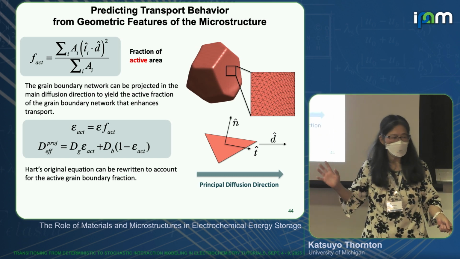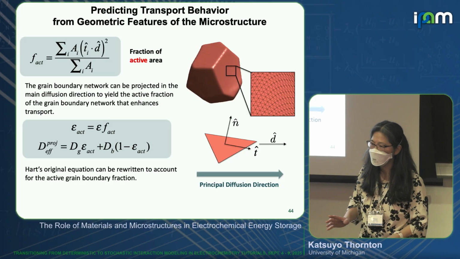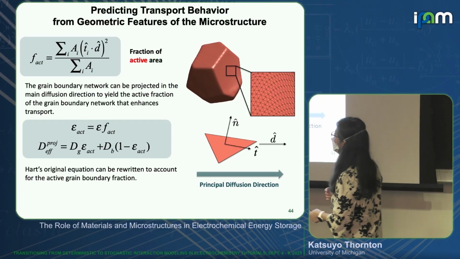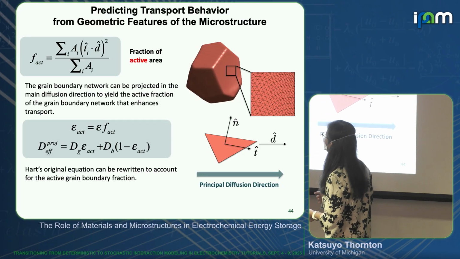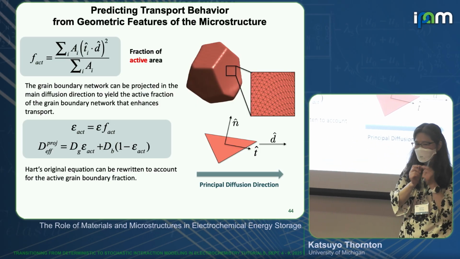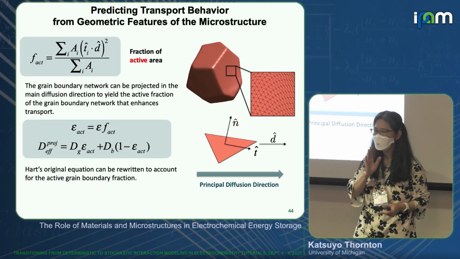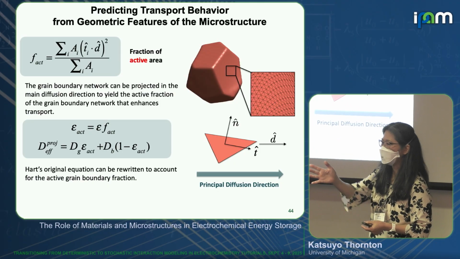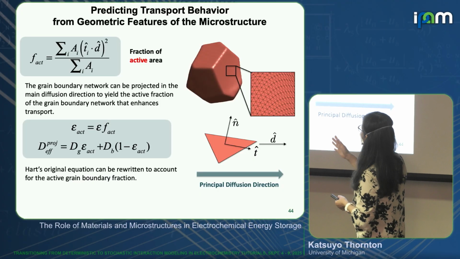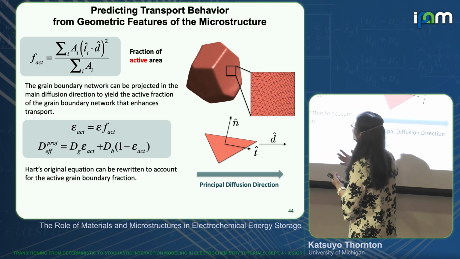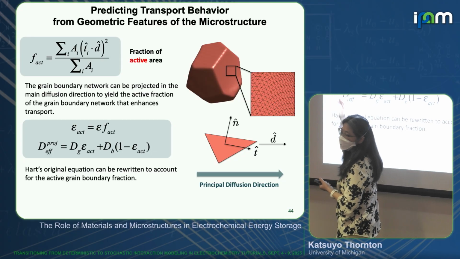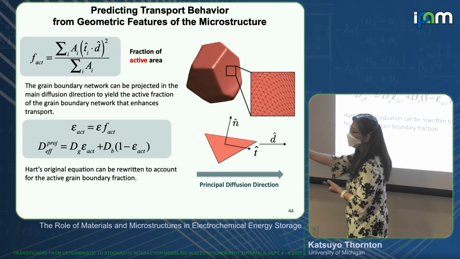And this is something mathematicians might be interested in actually doing properly. All the things we did were pretty much an intuitive way of thinking about this. So we thought, okay, in order to transport material from here to here, what's important is having the interface oriented in parallel. So we came up with a projection of those areas that contribute to the transport in a specific direction.